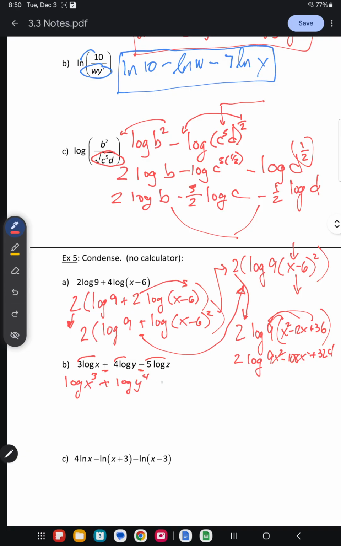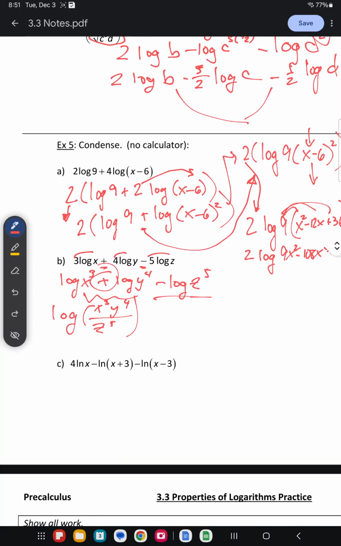Log y to the 4th, okay, minus log z to the 5th. Okay. All right. So we can combine these into the top, and then this is going to go in the denominator. Okay. So we have log of x cubed y to the 4th over z to the 5th. Okay. Because we're adding these two, they get put up on top, and then this one's subtracted, so it goes on the bottom. All right.